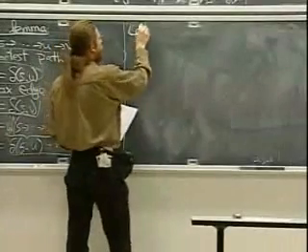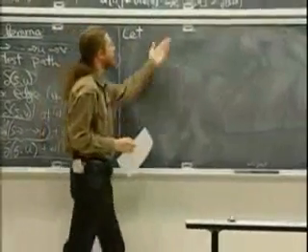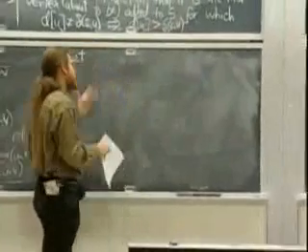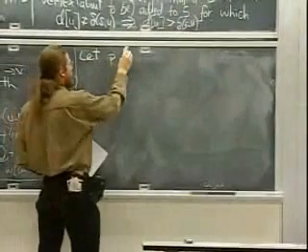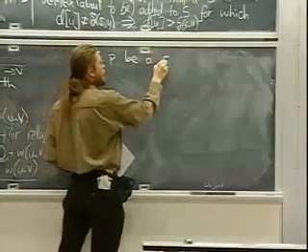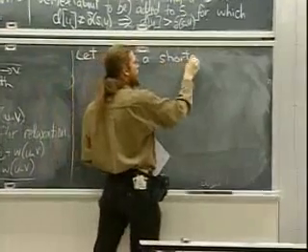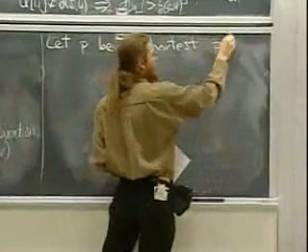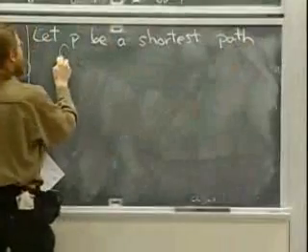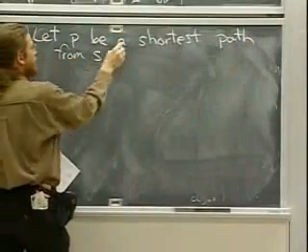So let's look at the shortest path, right? Somehow d of u is greater than the shortest path. So consider the shortest path, or a shortest path. Let p be a shortest path, the shortest path from s to u.